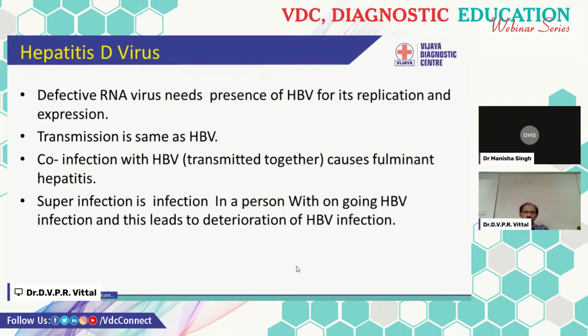And once there is a co-infection with hepatitis B, acute hepatitis with fulminant hepatitis is more common in the patient. Now, the other one is a super infection, and in this, the patient with ongoing HBV infection may get HDV also, and this leads to quick deterioration of hepatitis B infection.